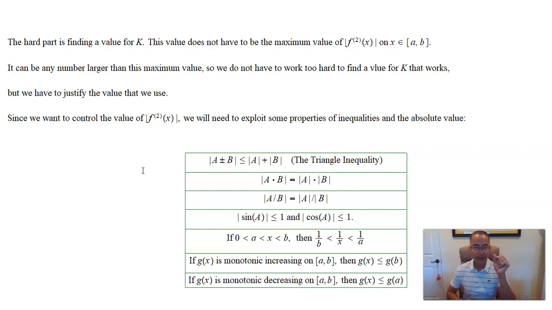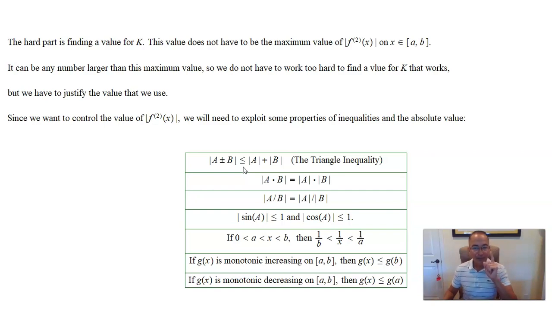If you have negative 2 plus negative 3, you'll get negative 5, and the absolute value of negative 5 is again 5, which is again the sum of the absolute value of negative 2 and the absolute value of negative 3. That's again 2 plus 3. So when A and B are both positive or both negative, that's not even an inequality, that's actually an equation.